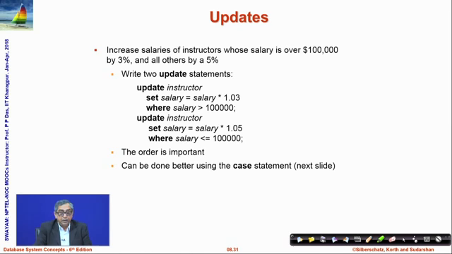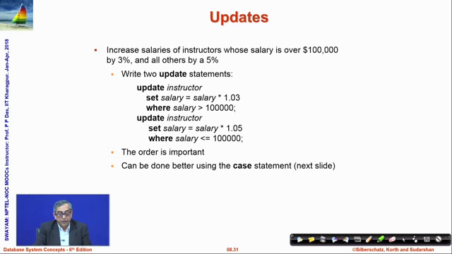And mind you, the order in which you do the update is important, because if you do the later update first, then someone who was less than 100,000 will, with the increase, become more than 100,000 and will also qualify for the second one. So, that will become wrong.